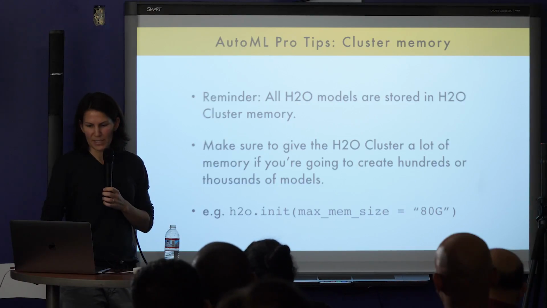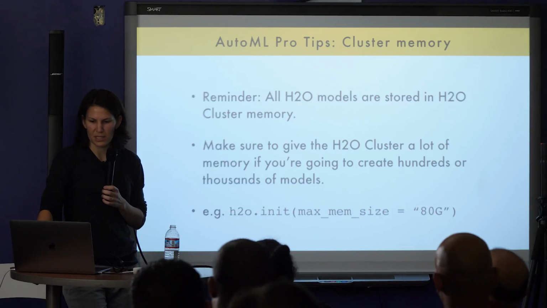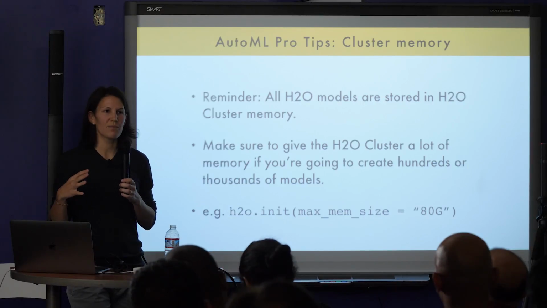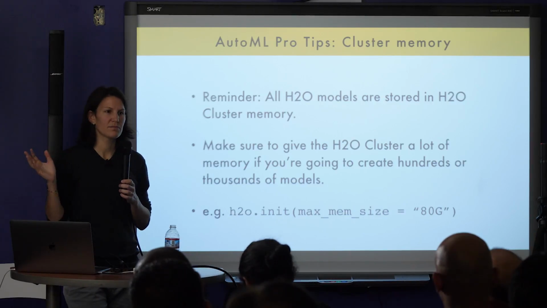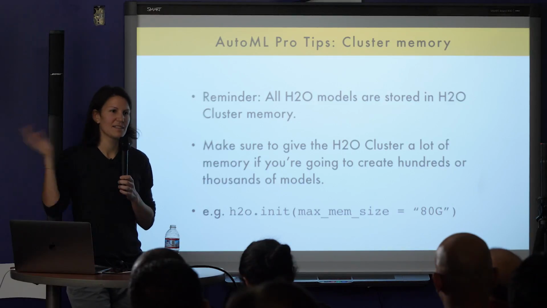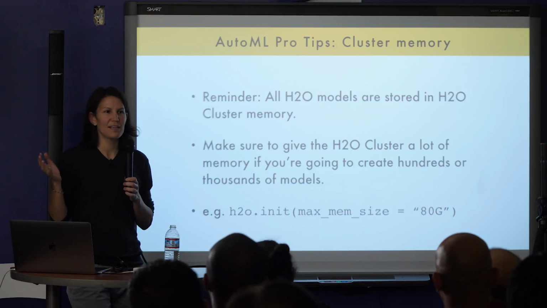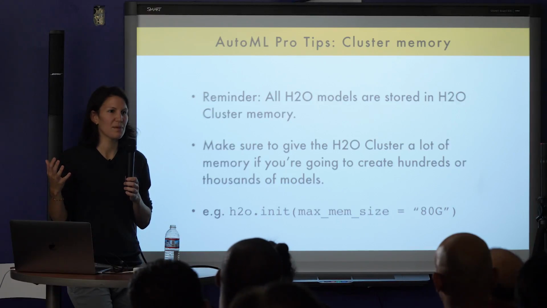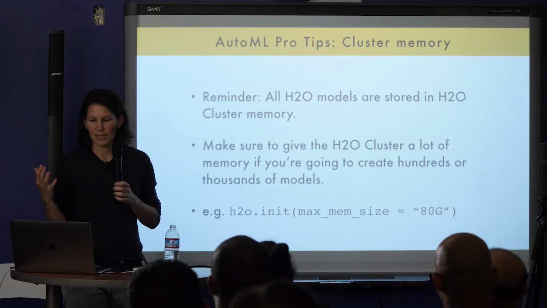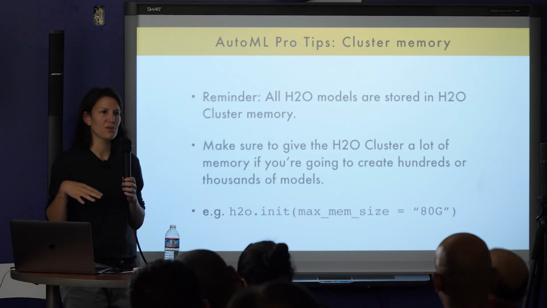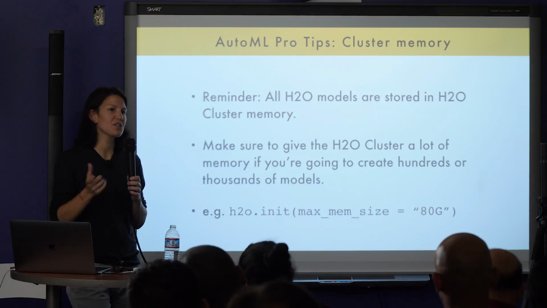And then just a reminder that all the H2O models are stored in the H2O cluster memory. So if you are going to run it for 2 days and train 1 million models or whatever, you need to have enough memory to store all those models. We just made a change where by default, we don't store the cross-validation models anymore.